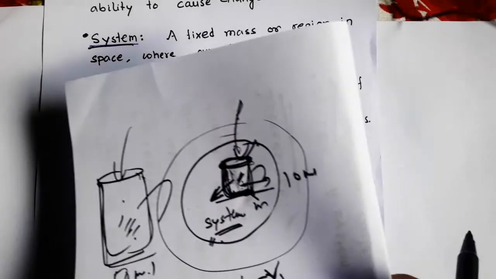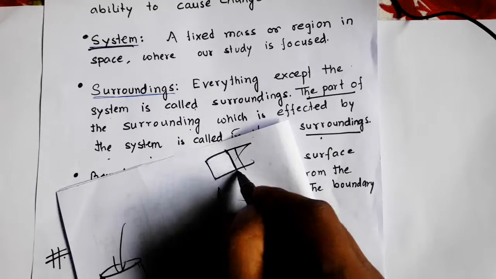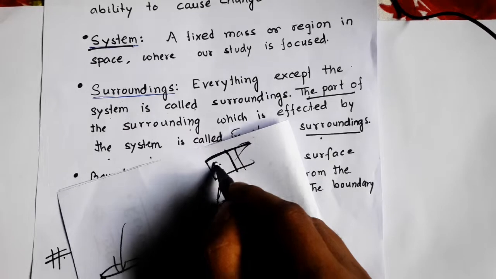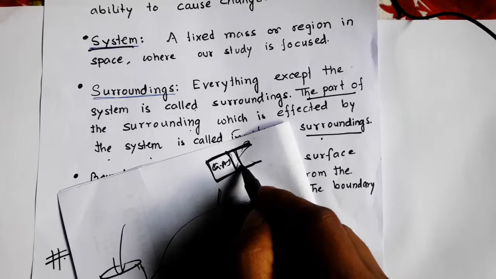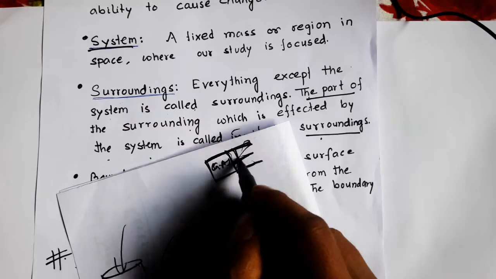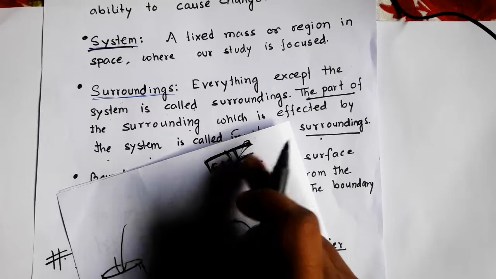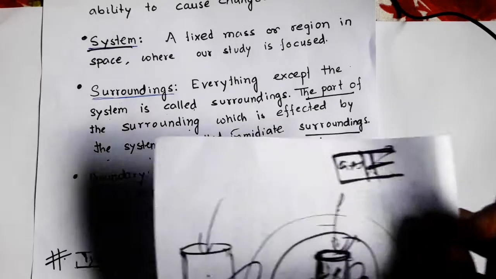If I take an example of a cylinder piston arrangement, and suppose inside the cylinder gas is there, and I choose this as a system, then the piston can move in to and fro motion. So the boundary is not fixed here. This is the example of a movable boundary.